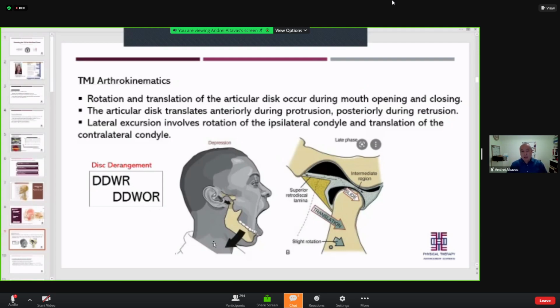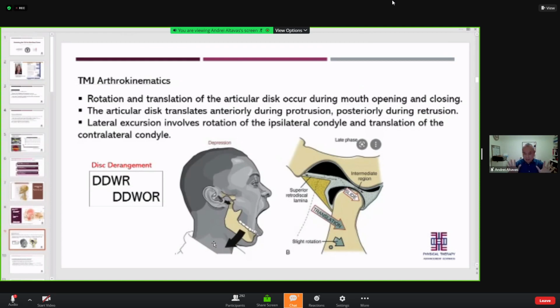As part of the scope of this presentation, I won't be able to really talk much about DDWR or DDWOR. And I have to be honest, since I started treating patients with temporomandibular disorders, I've basically only had one patient who had a disc derangement. So you just have to recognize the signs and symptoms of a disc displacement, and we'll talk about that in the next few slides. It is something that we don't see a lot, but it can happen.